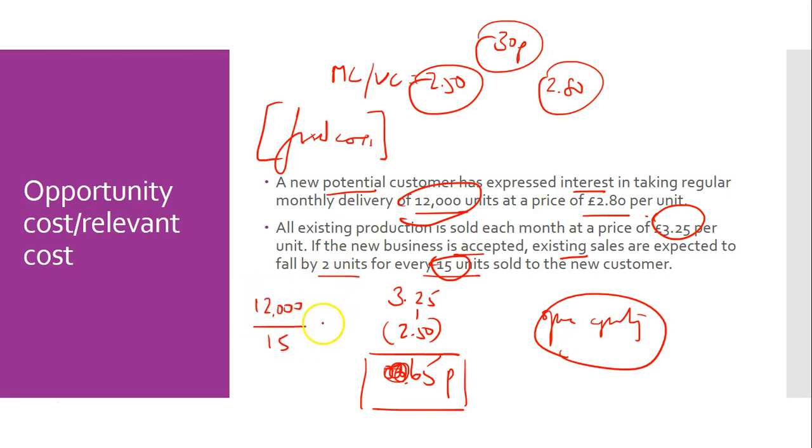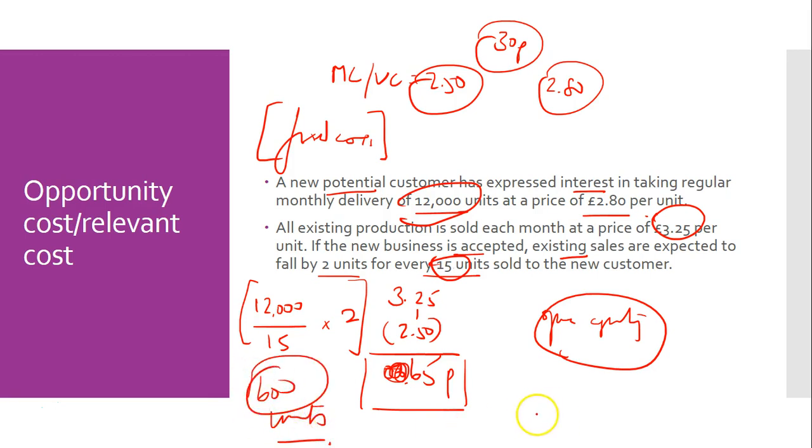Which would be 12,000 divided by 15 times 2. So that's 1,600. We know we're going to fall by 1,600 units on our current existing production if we take this on. Okay, let's carry on.